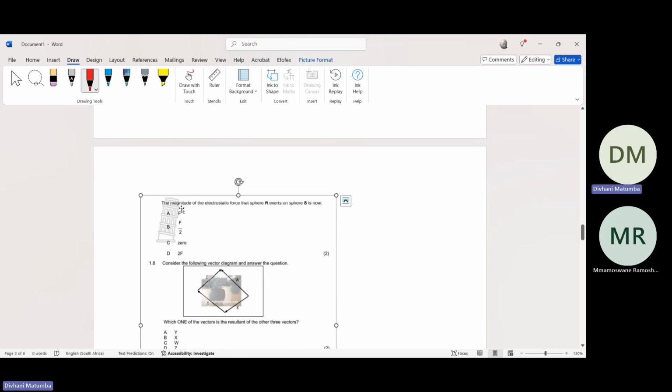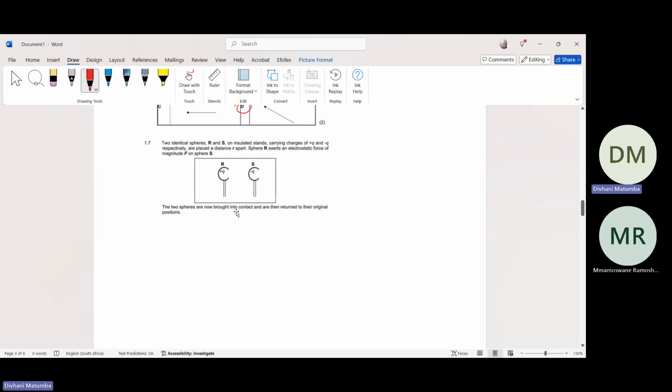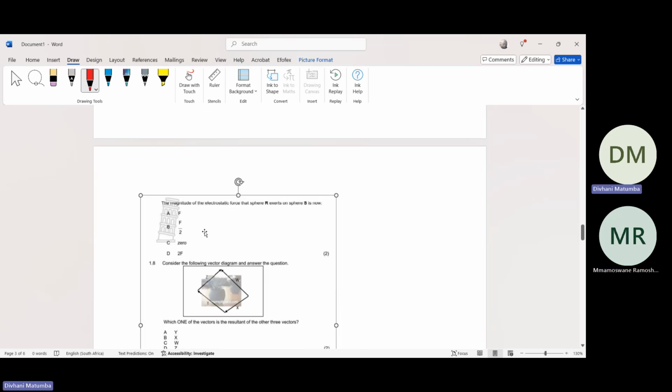Now, the magnitude of the electrostatic force that sphere R exerts on sphere S is, let's go back to the question. The two spheres are now brought into contact and are then returned to their original positions. The question now is: the magnitude of the electrostatic force that sphere R exerts on sphere S is now.